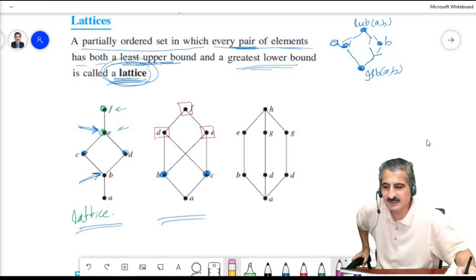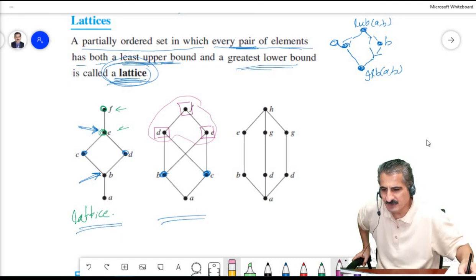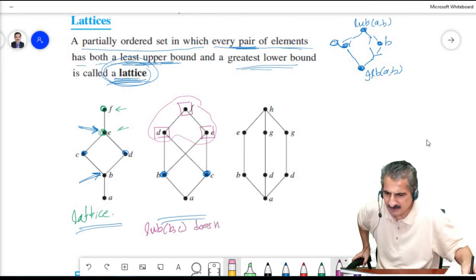These are upper bounds of B and C. There is no least element among these upper bounds. So the least upper bound of B and C does not exist. So this is not a lattice.